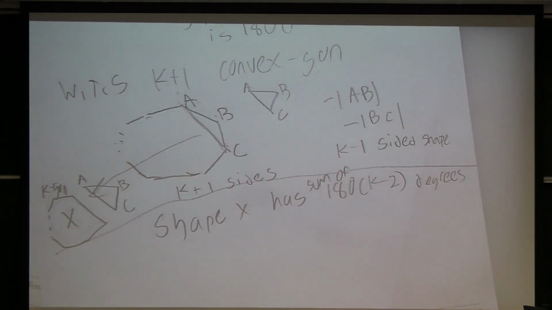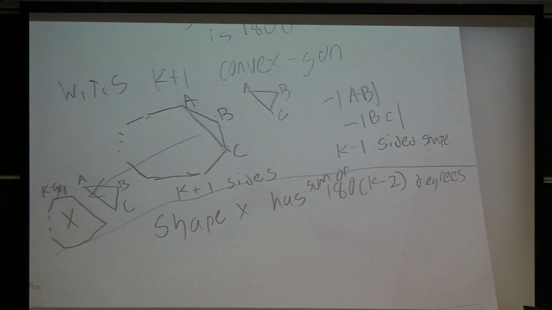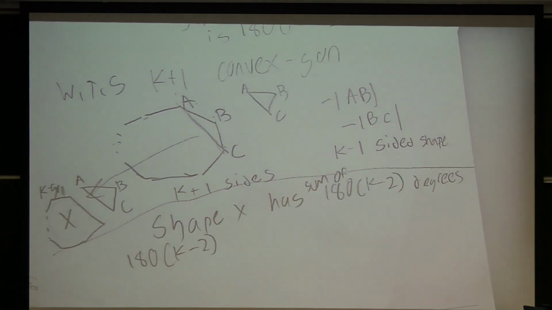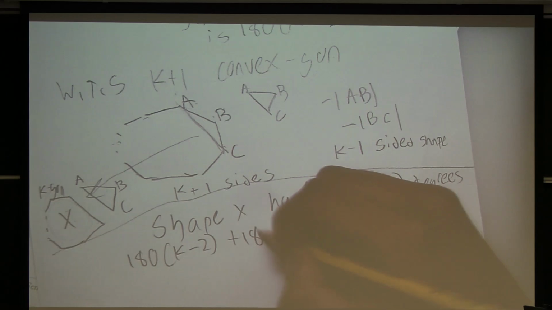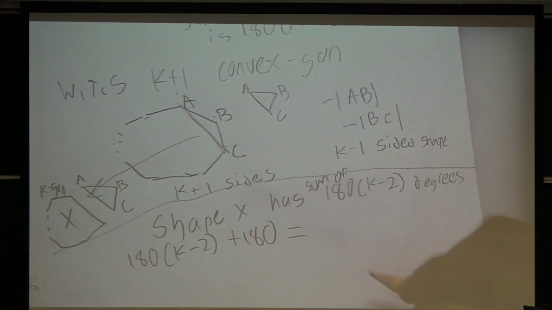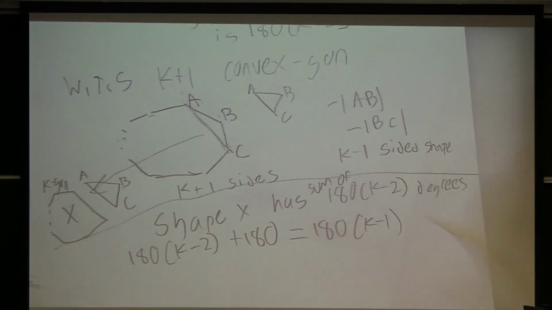So how do we reconstruct this back? We just added triangle ABC back to get back our original shape, the k plus 1 convex gon. So we just do 180 times k minus 2 plus 180. And this is the same as 180 times k minus 1.